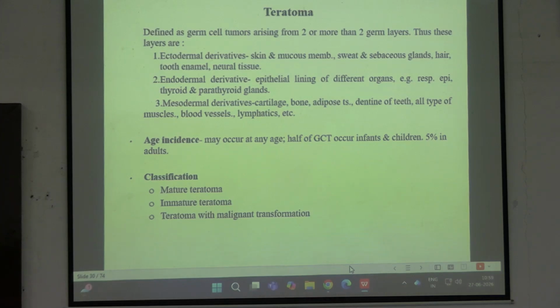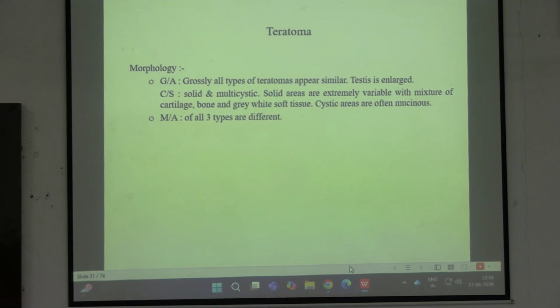Now classification, what are the types of teratoma? See, there is mature teratoma, immature teratoma, and teratoma with malignant transformation. Okay, so how will it appear grossly?